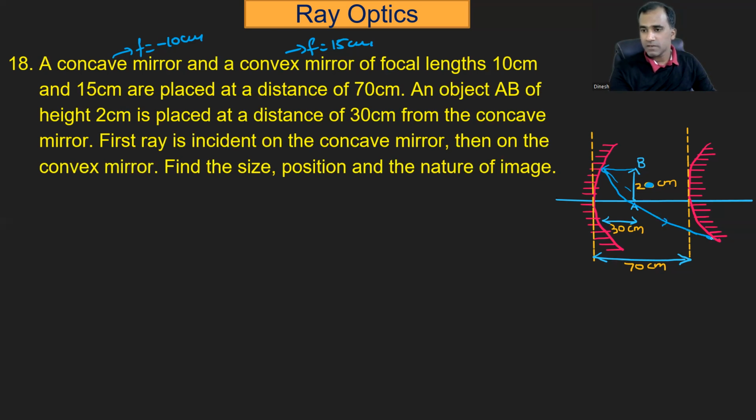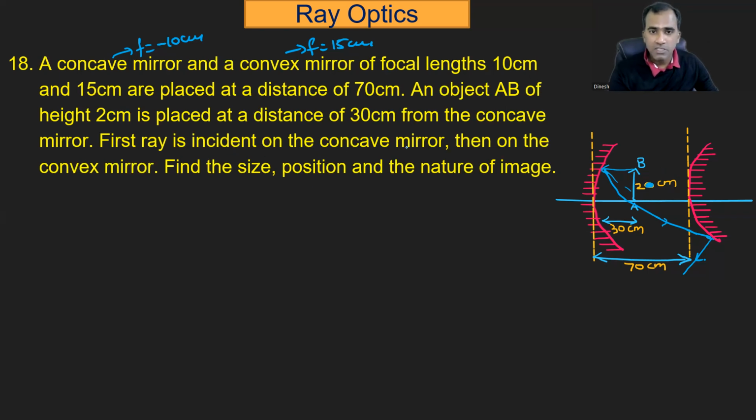After reflection, it will go something like this. So an image is formed for this object. That image will act as object for this, and as that object, find the image because of this. Only 2 times, because it happens infinite times, but we don't need to do it that many times.